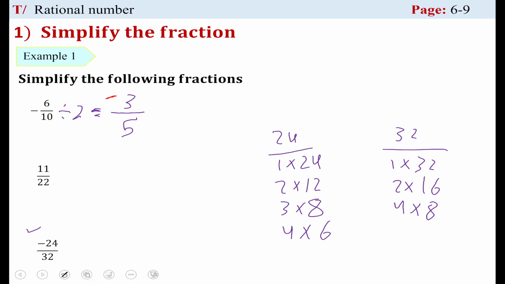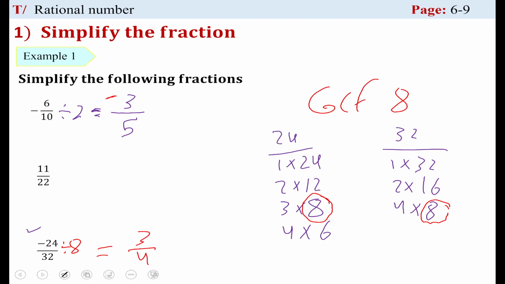Now look at the common numbers. What number is common and the biggest one? 8 is the common one and it is the greatest, so the GCF is 8. So I will divide by 8. 24 divided by 8 is 3, 32 divided by 8 is 4, and put the negative. So this is the answer.